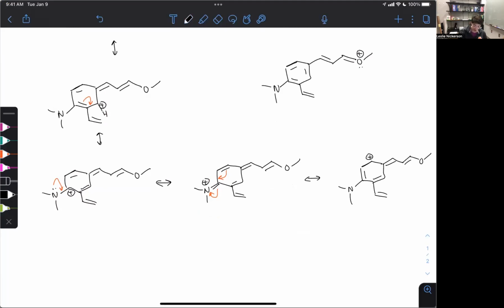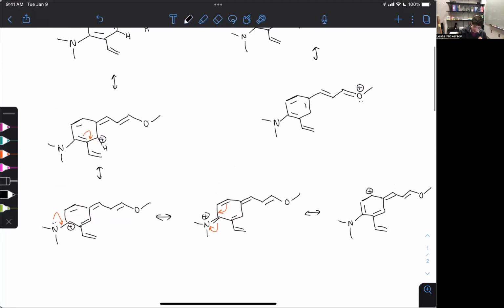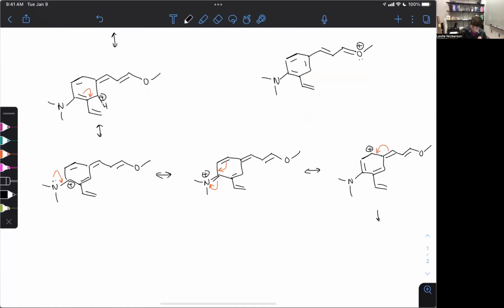Okay, so just to kind of look at this again, if we look at how our benzene ring started, right now our pi bonds are shifted one over. So if I do another arrow here, I'm actually not quite getting to the same exact structure.